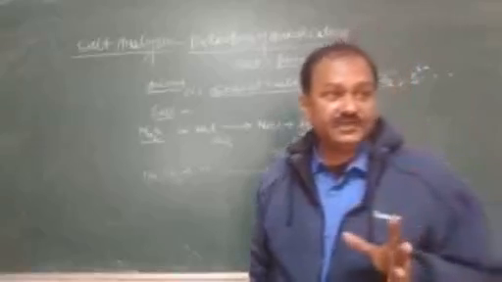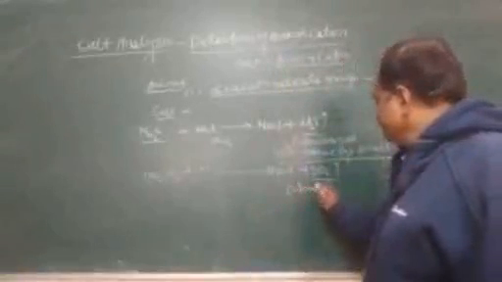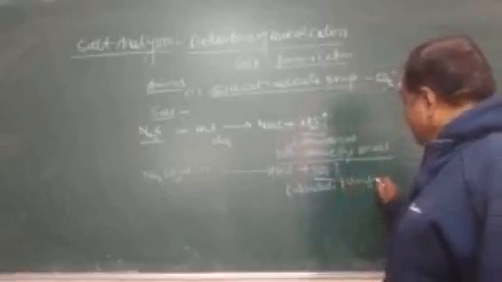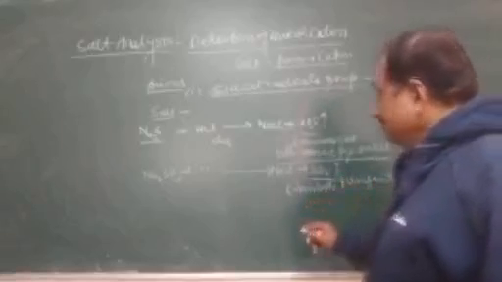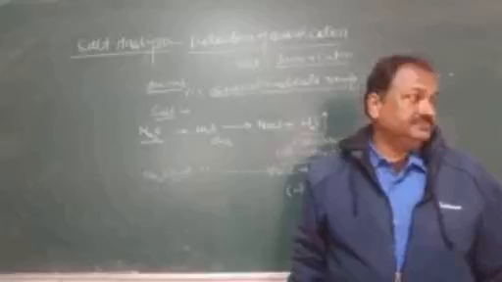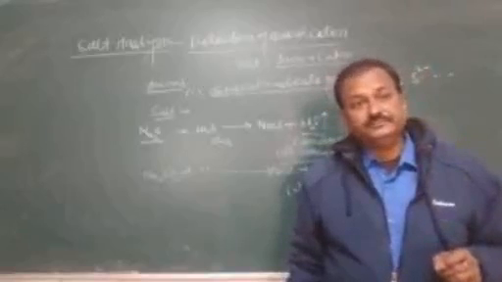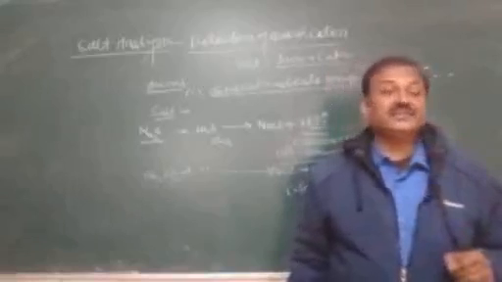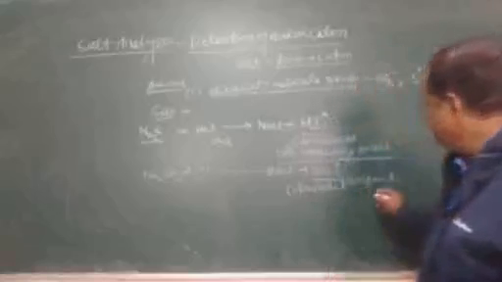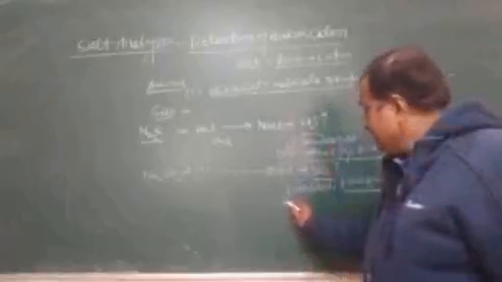crackers. Colorless, pungent, slightly pungent, but less than chloride. You have to just carefully notice. It will be pungent, but the pungency will be less than that of the chloride. And it will be suffocating.